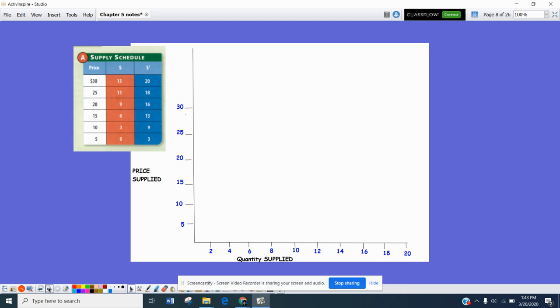Maybe our other firm is going to offer 3 items for sale at 5, and obviously as a seller we're more willing to offer more for sale at a much higher price because somebody's going to make a profit.